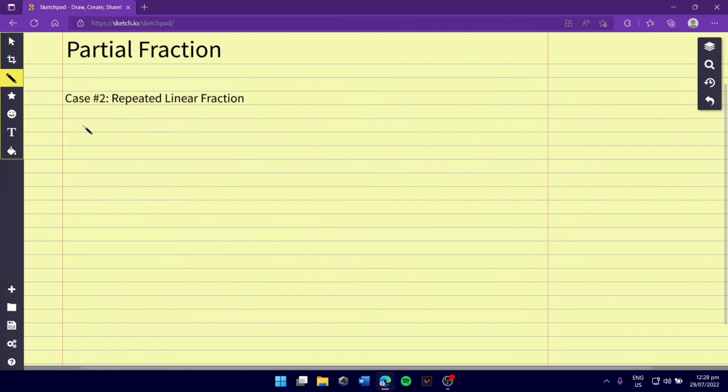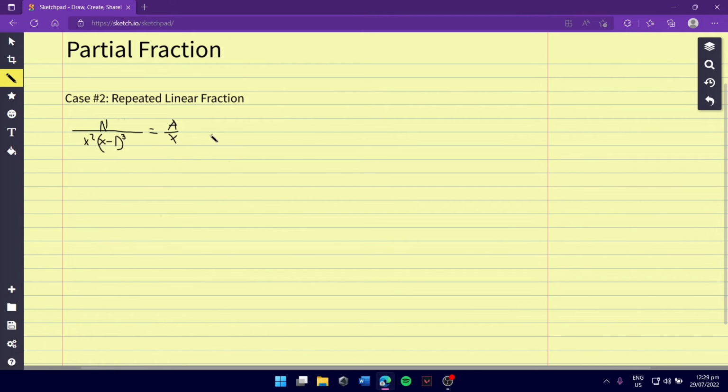So this is your case number 2, the repeated linear factor. So we have here the numerator over, for example, x squared times x minus 1 quantity raised to 3, right? So we'll represent this as a over x.